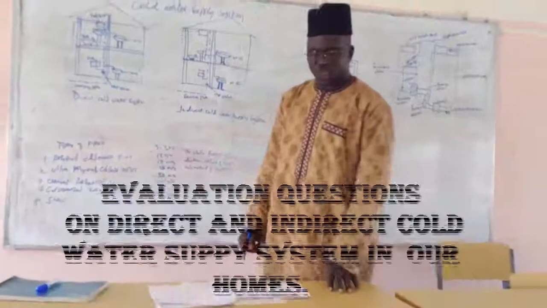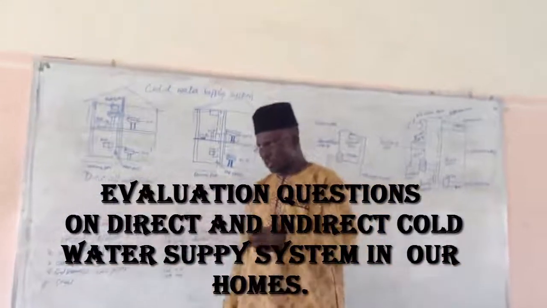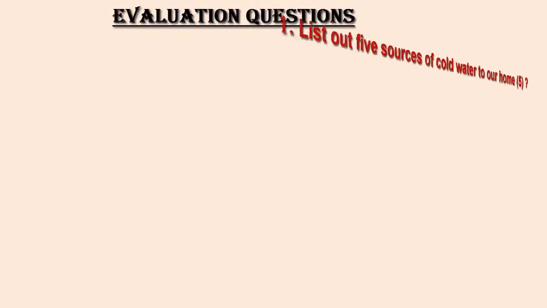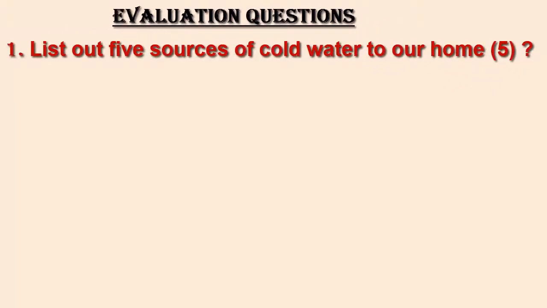We shall now look at questions. We pose four questions and the student will attend to them. One, the student should be able to list out 5 sources of cold water to our home.